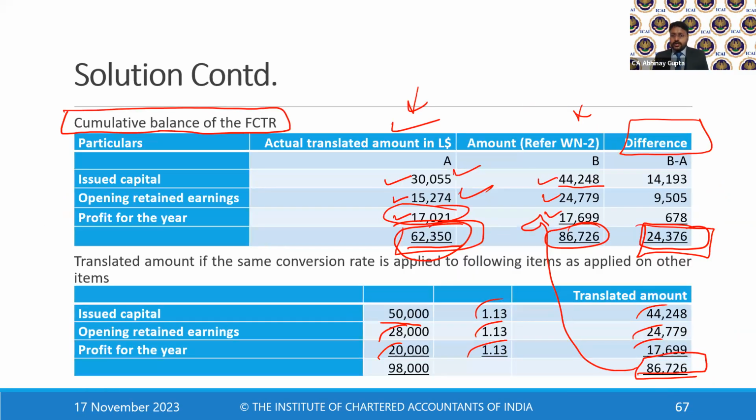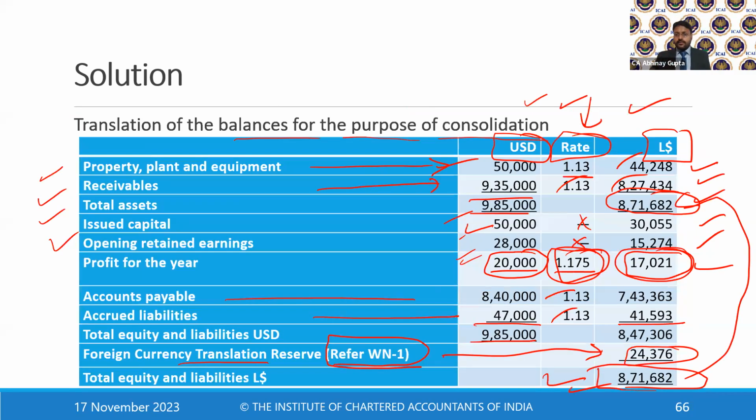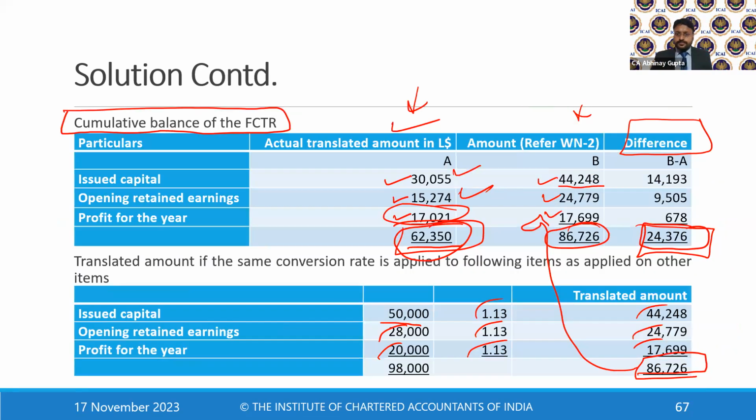So this is how the translation procedure needs to be performed. Given the balance sheet, we will apply the corresponding average rates or closing rates based on the nature of the item. If it is a balance sheet item, closing rate. If it is a P&L item, average rate. And then we will calculate the delta between the issued share capital, the reserves and the profit earned.